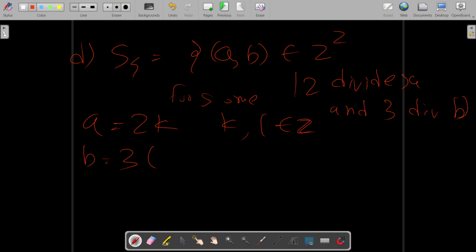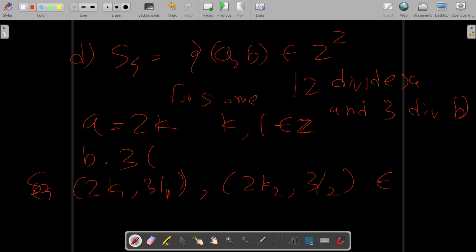Then let two elements of the group S4 be (2k1, 3l1) and (2k2, 3l2).